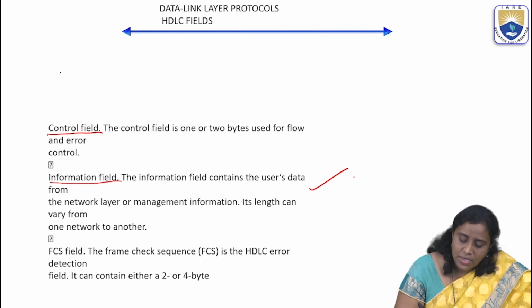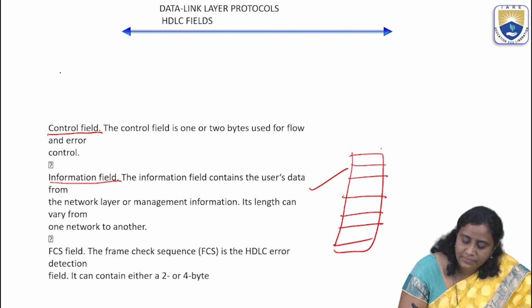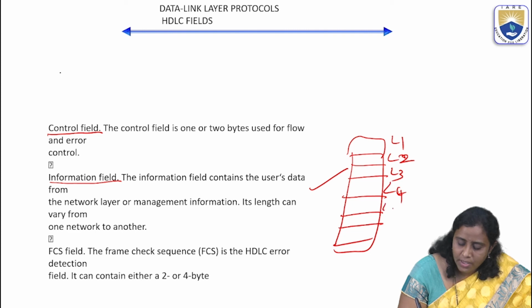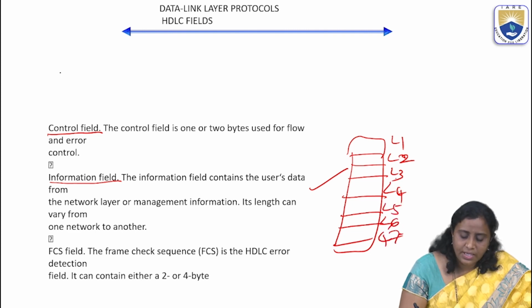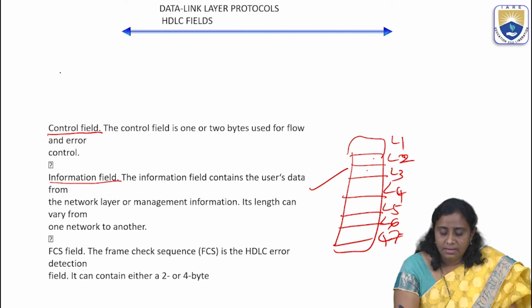Like in the OSI reference model, 7 layers will be there: layer 1, layer 2, layer 3, layer 4, layer 5, layer 6, layer 7. So here the information field contains the user's data. The layer 1 data will be transmitted to layer 2, and layer 2 data will be transmitted by means of layer 3, and layer 3 data we need to check by means of layer 4.